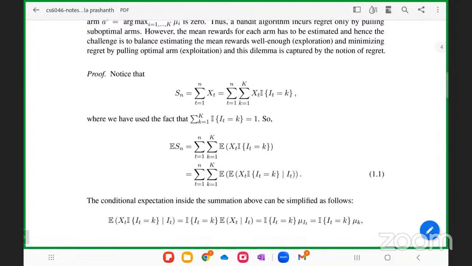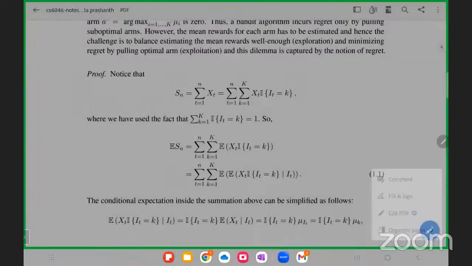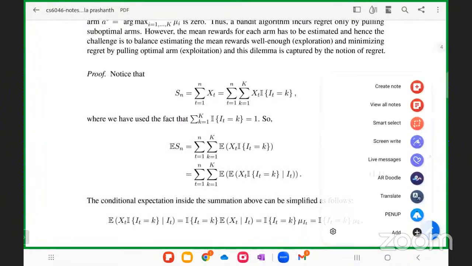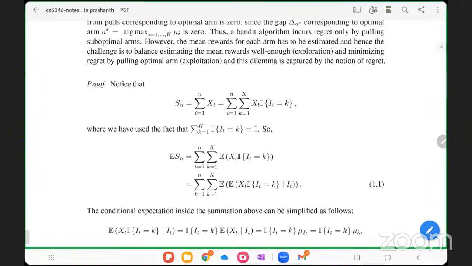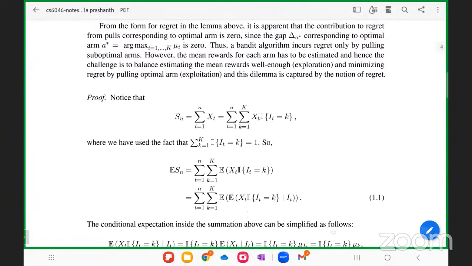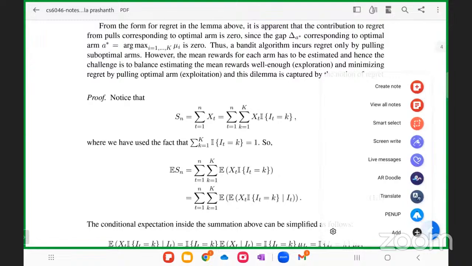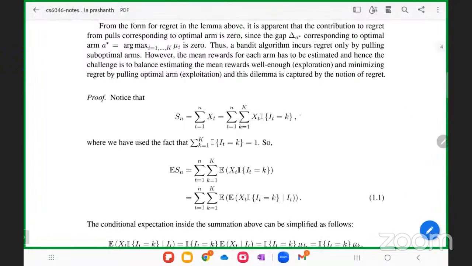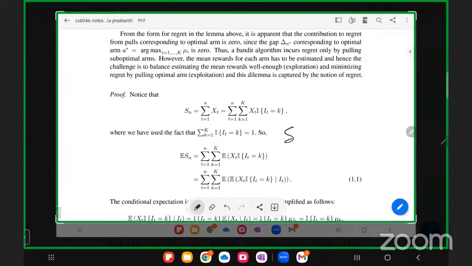So for any expectation, what you can do is you can condition and uncondition it. For example, let me see if I can write it here. Is it visible whatever I'm writing? Yes.